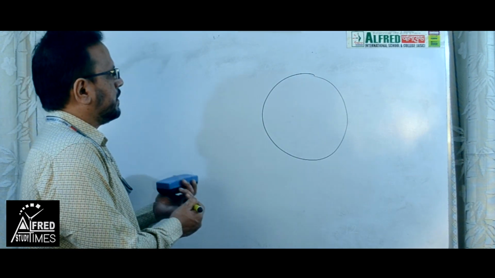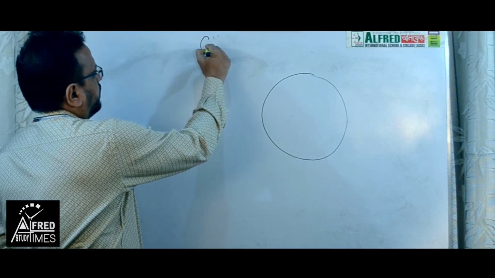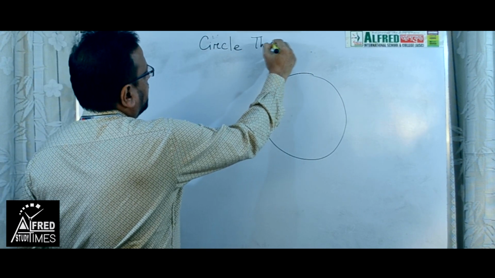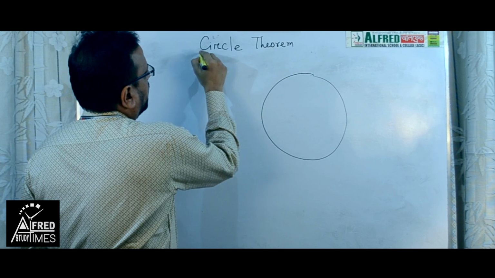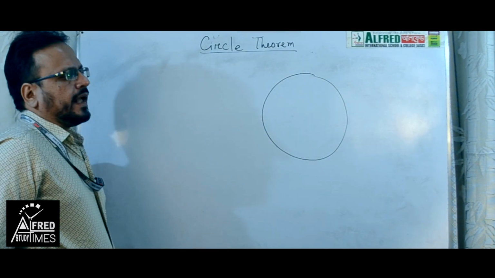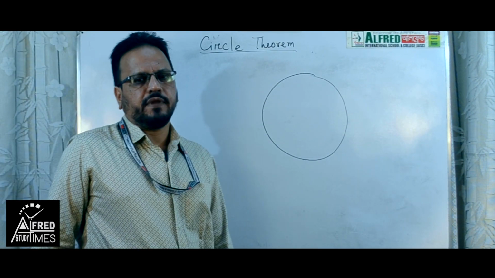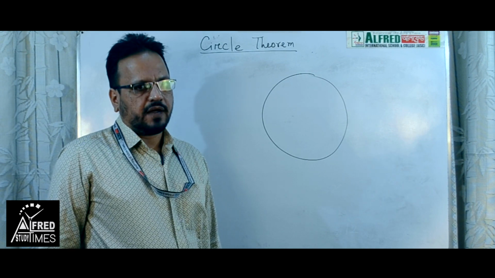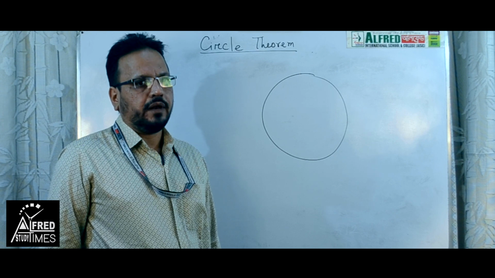Theorem number 1, it is circle theorem. Theorem number 1 says that angle subtended at the center of a circle is twice the angle at the circumference. What does that mean?